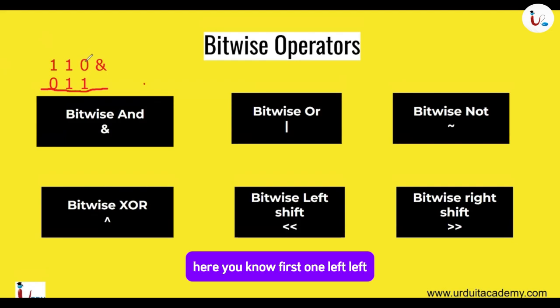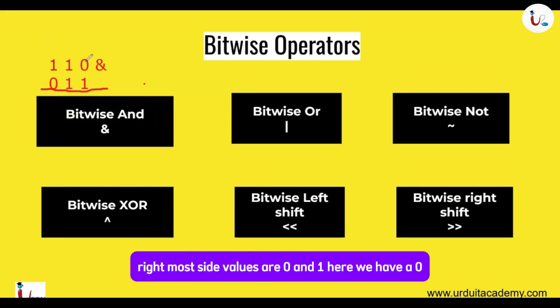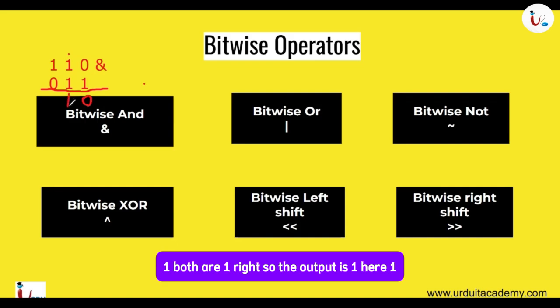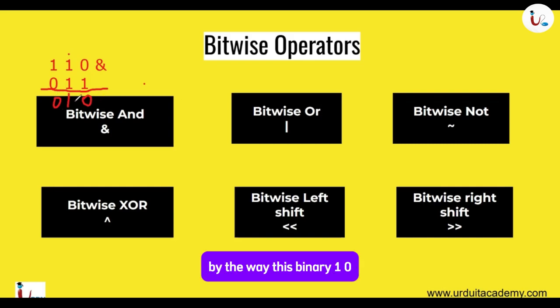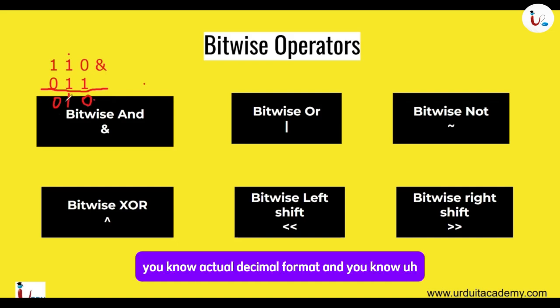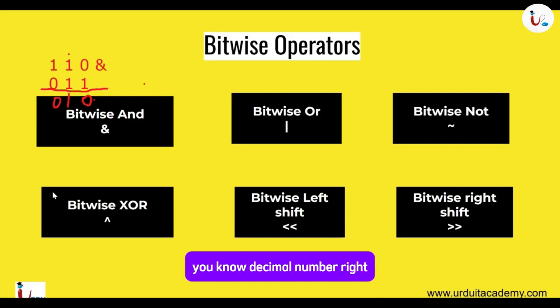Here, first, the rightmost side values are 0 and 1. Here we have a 0, right? So the output will be 0. Now here the second one, 1, 1, both are 1, right? So the output is 1. Here 1, 0, we have a 0, so the output will be 0. So this will be the result of the bitwise AND operator. Okay. By the way, this binary value will be converted into the actual decimal format, and the computer will be showing you the decimal number, right? Not the binary.